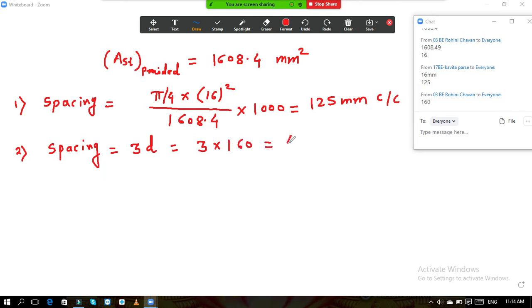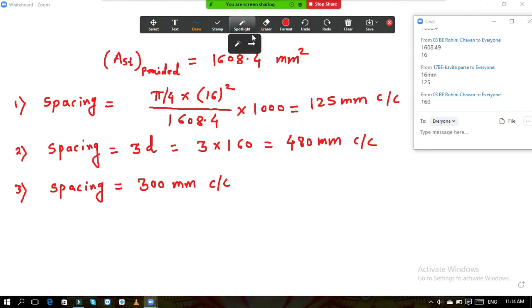So it will be 480 mm center to center, and in no case spacing must be more than 300 mm center to center. Okay, so now what is the minimum value out of this? So the minimum value is 125 mm.